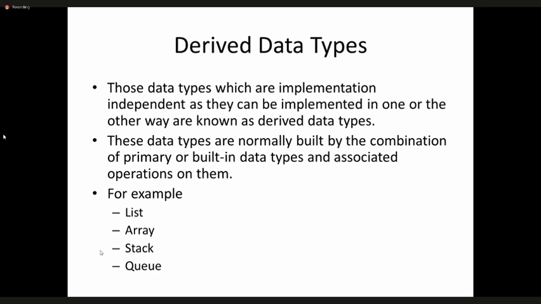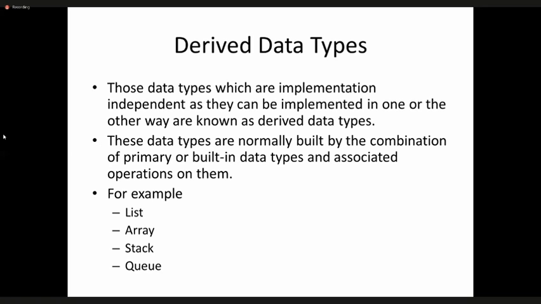Then the derived data types. Their implementation is independent, as they can be implemented in one way or the other. Then it is called derived data types.